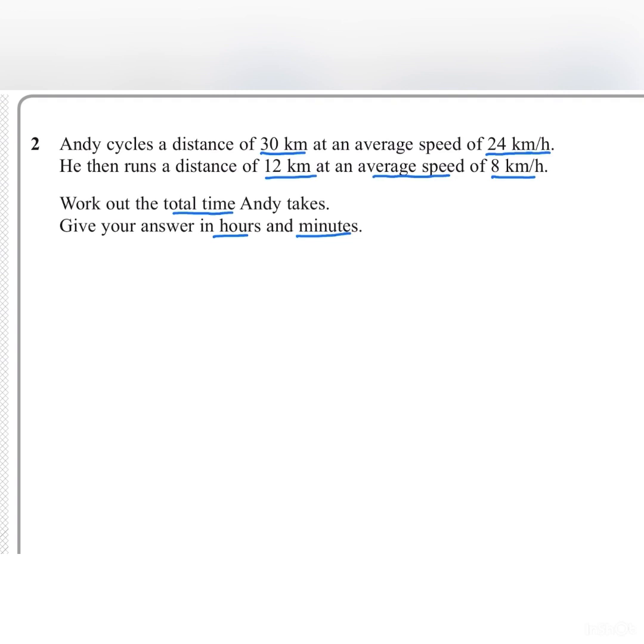Okay, the formula that you need here is speed equals distance over time. Now, if I times both sides by time, we have speed times by time equals distance, and then time equals, now it's multiplying here, so we're going to divide both sides by speed, and it is distance over speed.